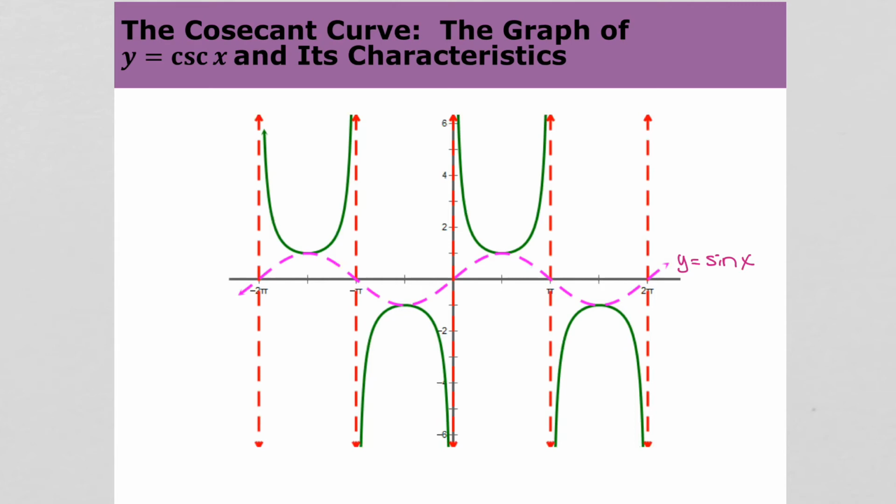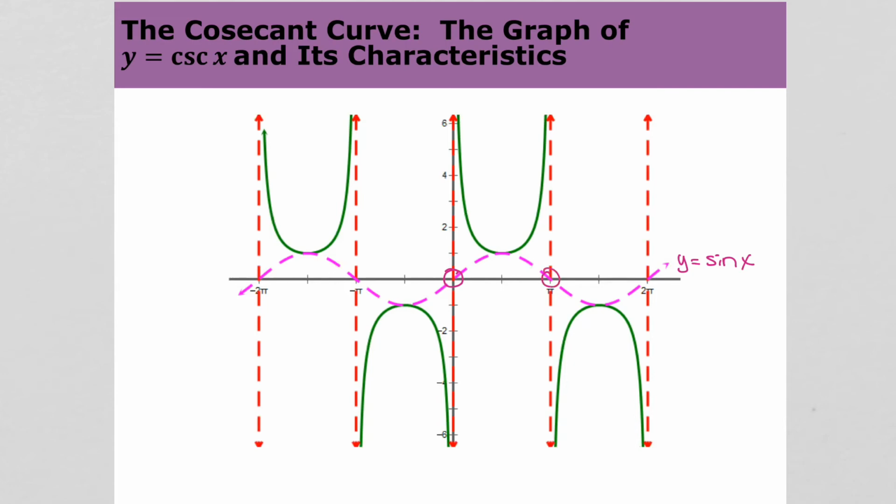So notice with the sine curve, to create the cosecant curve, the asymptotes are everywhere that the sine curve has this point of inflection, where it crosses the x-axis in this case, but not necessarily if it's got a vertical shift.